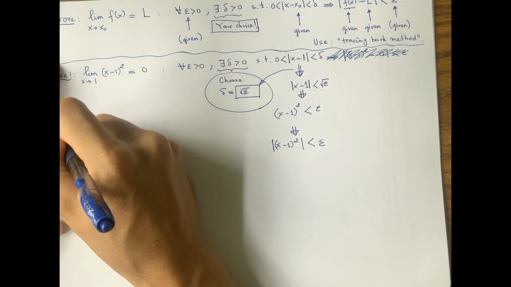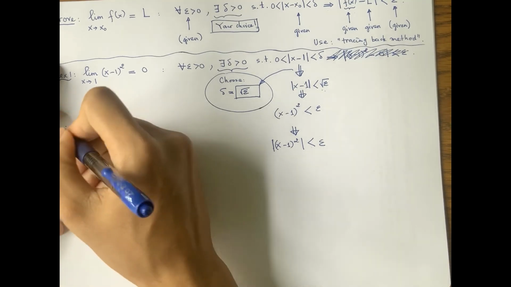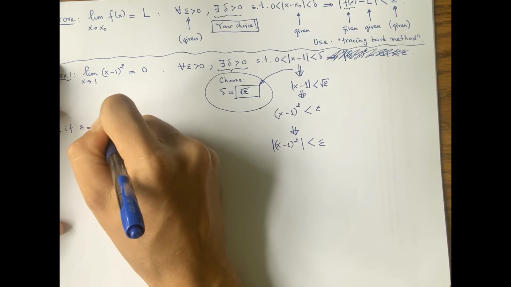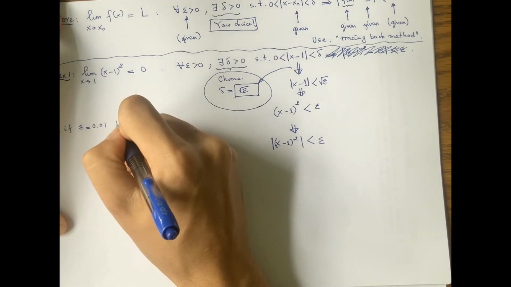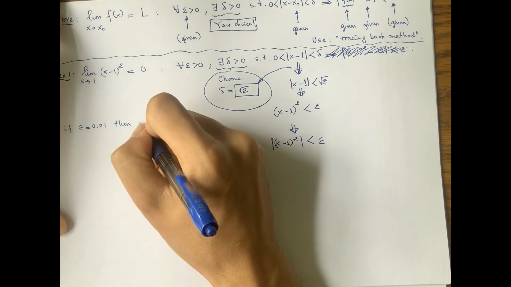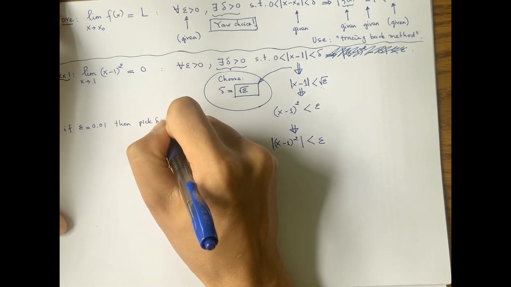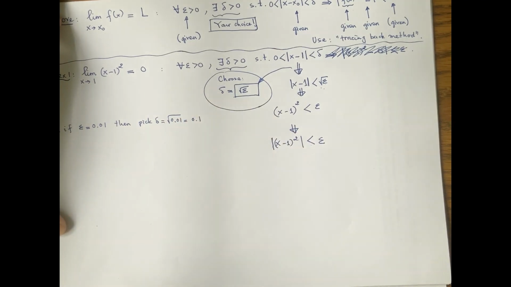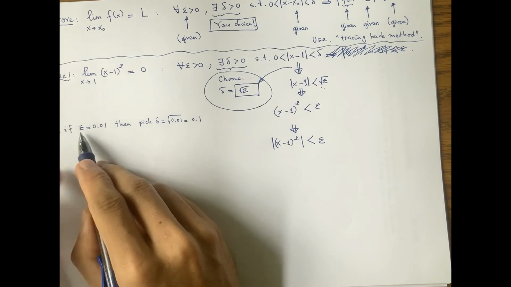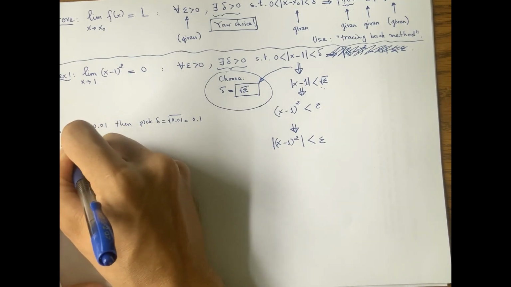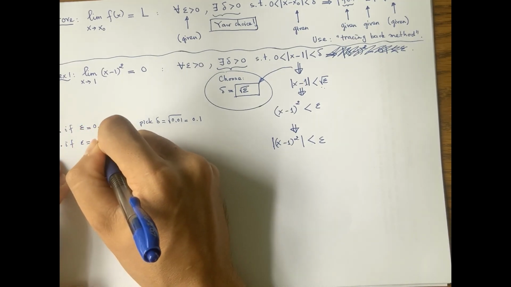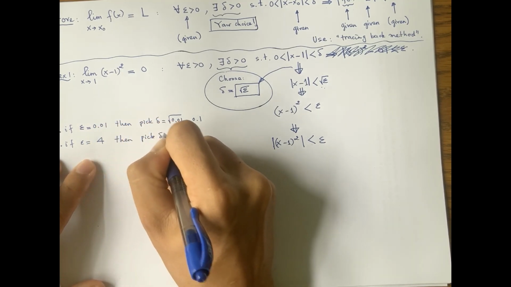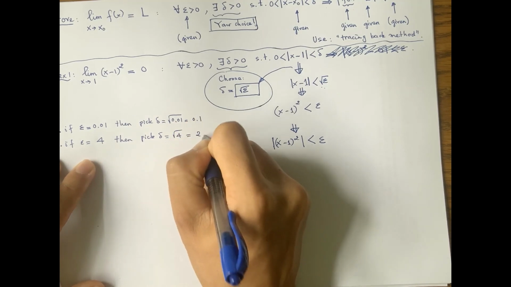Now, say your professor is nice and gives you epsilon being 0.01, then the delta you would need to pick is the square root of 0.01, which is 0.1. If someone else gives you epsilon to be, say, 4, then you only need to pick delta to be the square root of 4, which is 2.